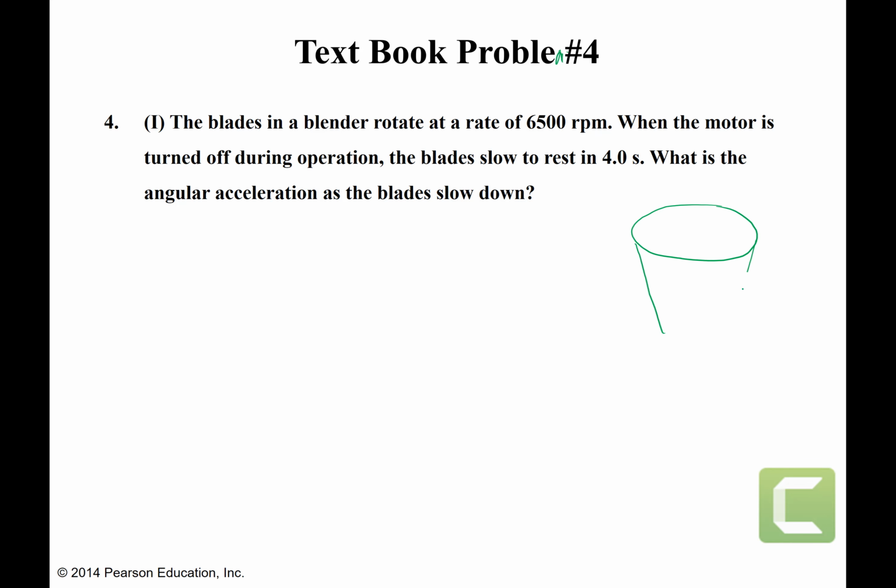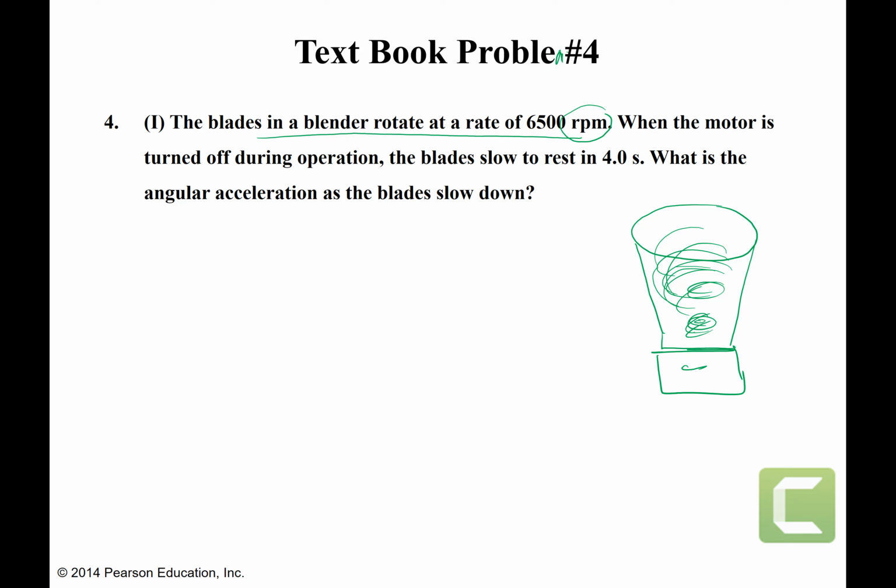So we have a blender that you use in the morning to make a smoothie. There's a motor. The blades in the blender rotate at 6,500 revs per minute.